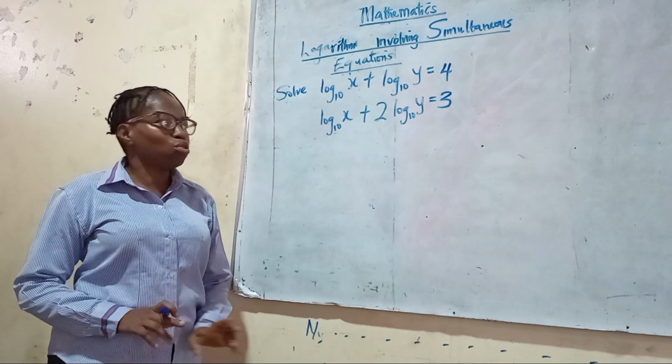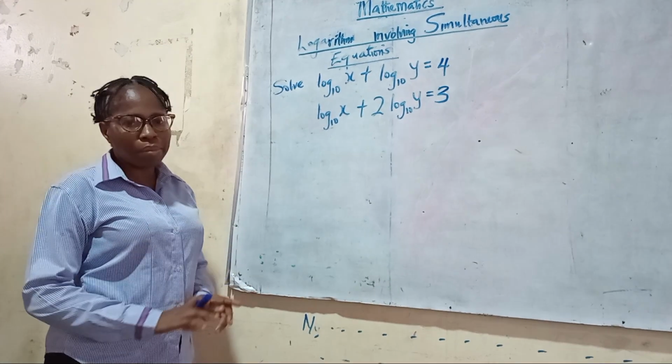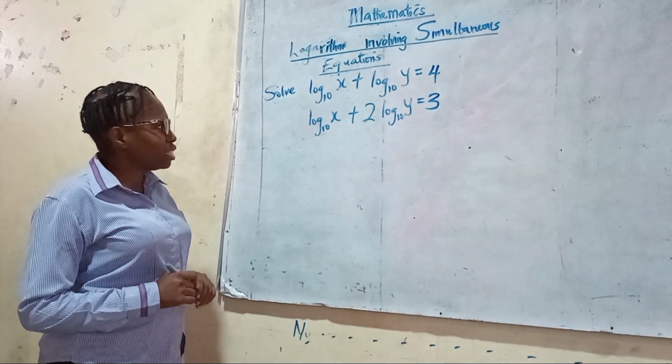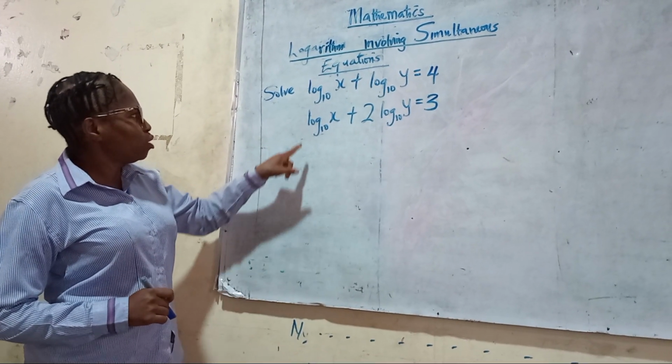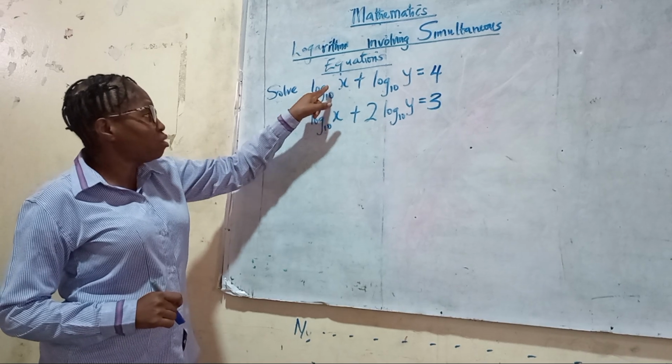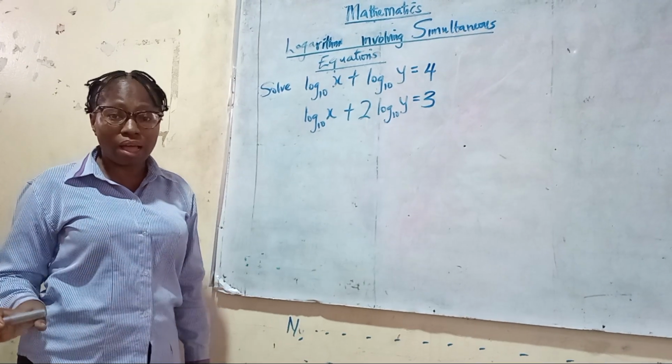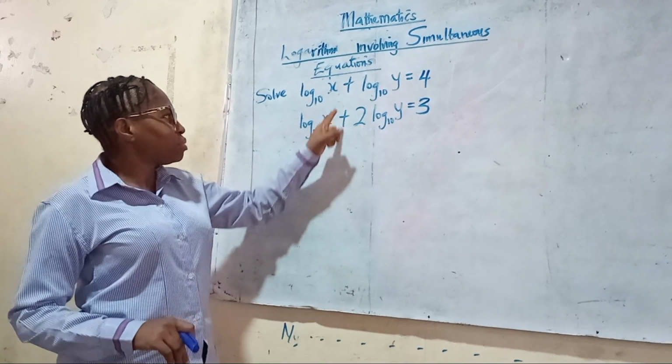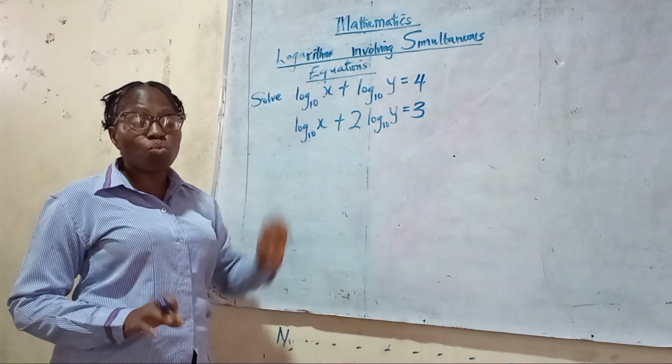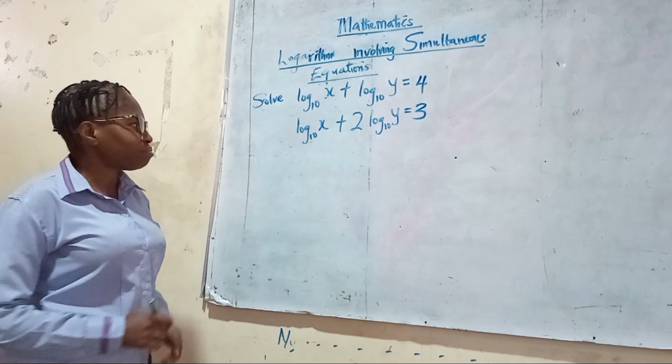Today, we are going to use this particular method. The method is that we are going to represent log x with a letter, and we also represent log y with another letter.